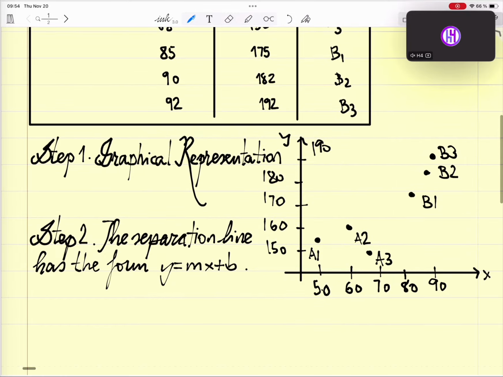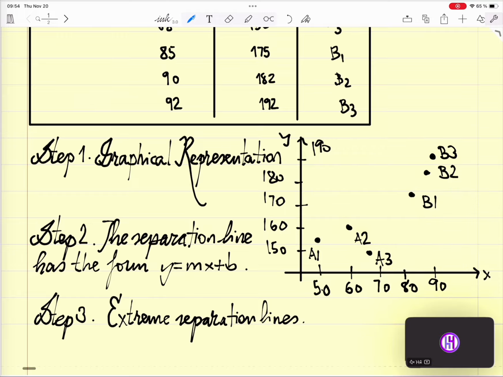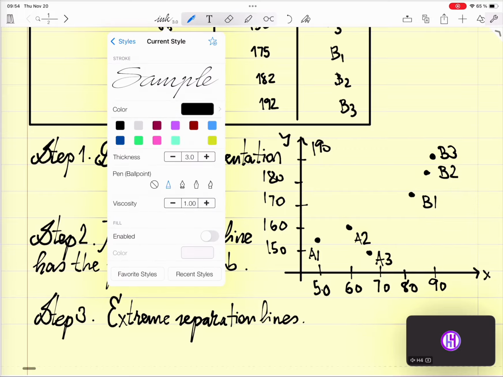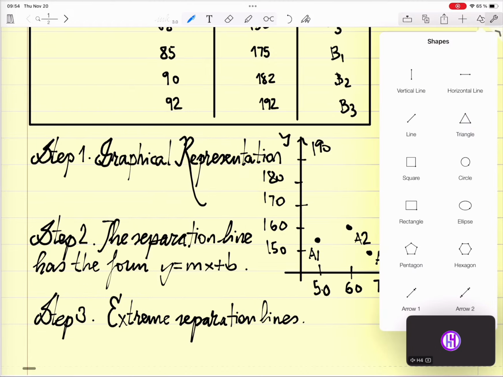So the third step is to find what we call extreme separation lines. The extreme separation lines are not the optimal separation lines; they are separation lines but are on the edge.